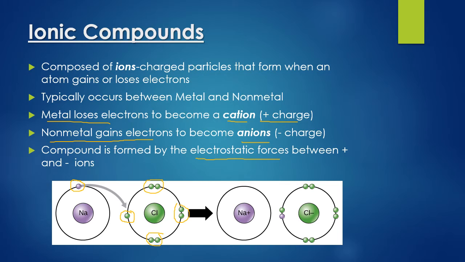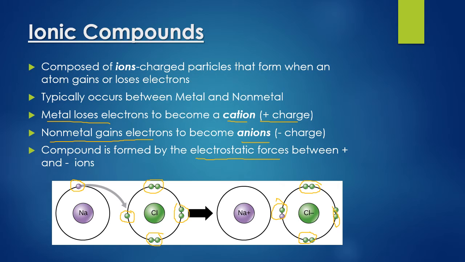Remember, everybody wants an octet. Everybody wants 8, just like the noble gases. So when sodium loses that electron and gives it to chlorine, that completes chlorine's octet, and now you can see that chlorine has 8 electrons, so it has a full outer shell and it is now happy.